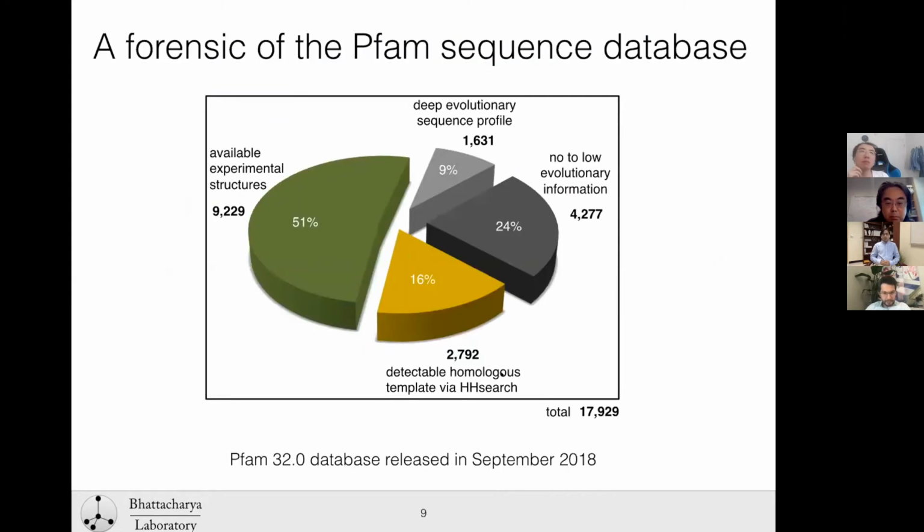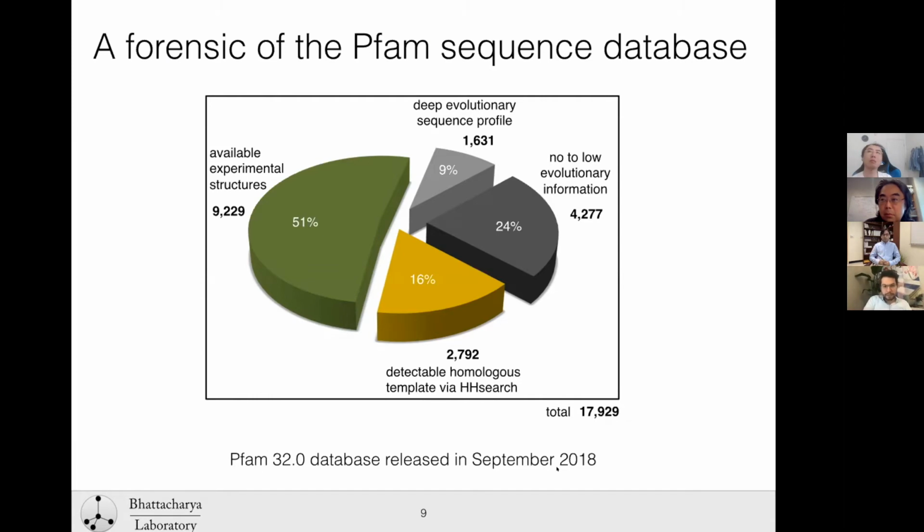To understand this, I did a forensic investigation of the Pfam sequence database to understand the current state of protein sequence modeling and protein structure modeling. This is a snapshot of the Pfam protein family database, according to its 32.0 release, which was released in September 2018, just after CASP 13 finished.